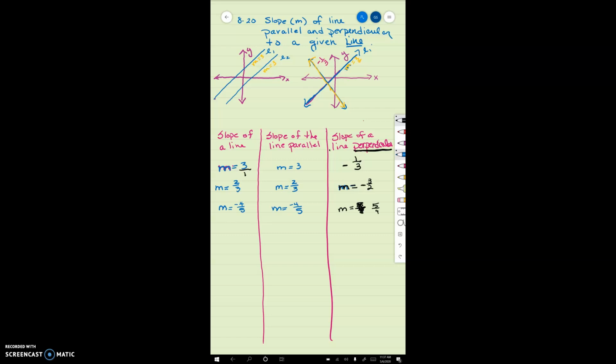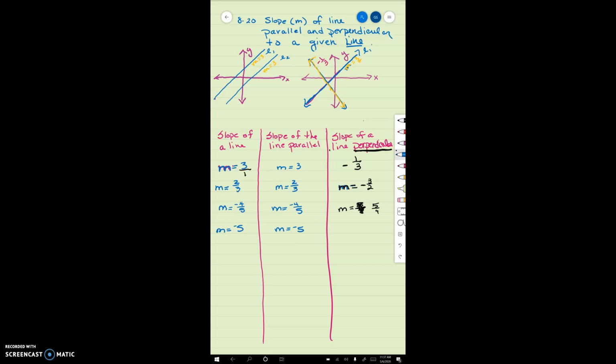All right, one more I'll do with you, and then you are on your own. So m equals negative 5. All right, the slope of the line that is parallel to this line is m equals negative 5.